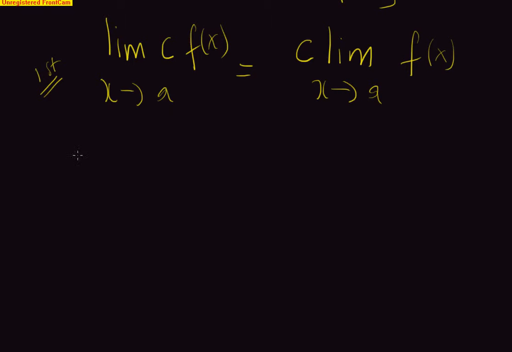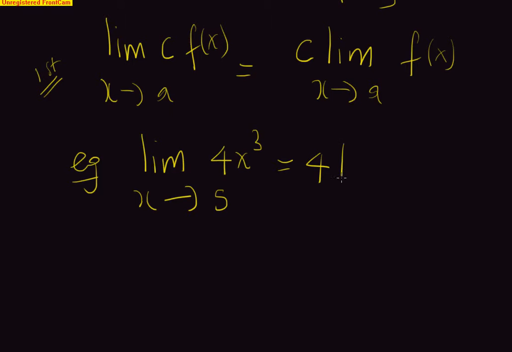Let's look at an example now so you can see how this works. This can make a big difference here. If we're looking for the limit as x approaches 5 of the function 4x cubed, we can do this just as we did with the first property we just derived.